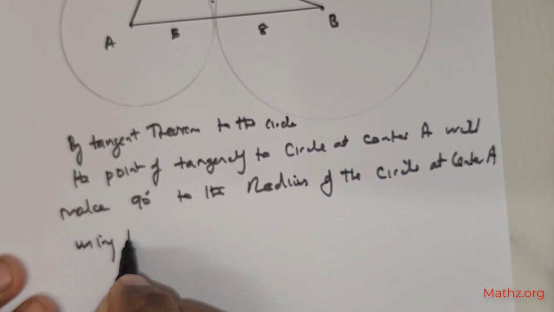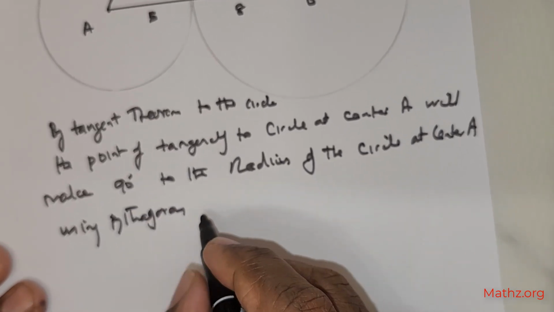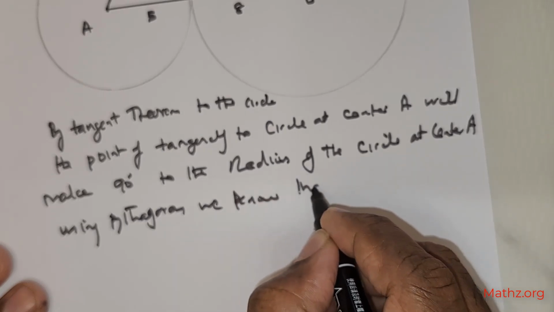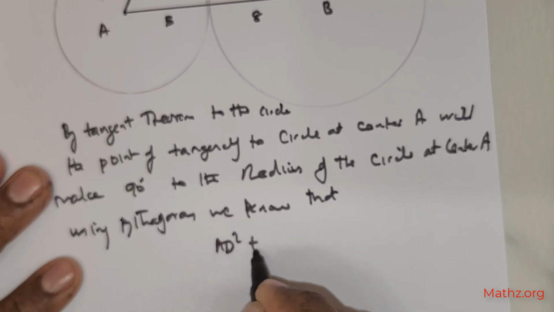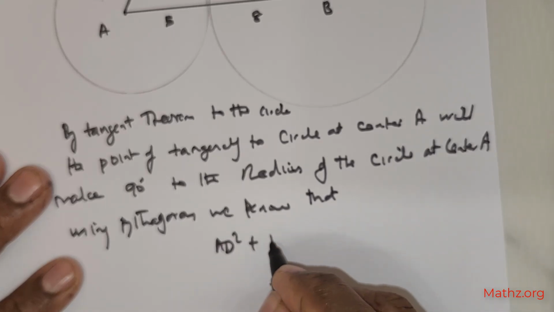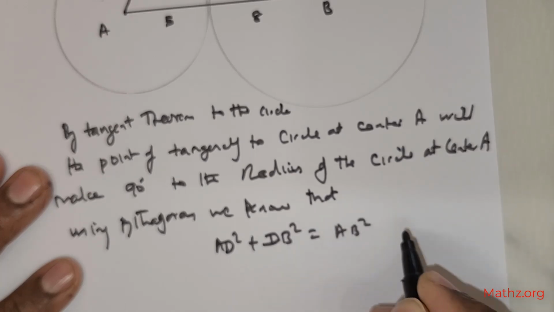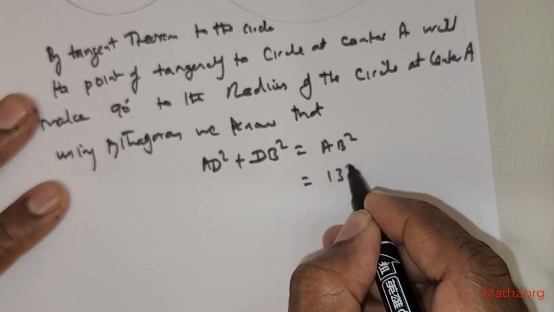using Pythagoras, we know that AD squared plus DB squared is equal to AB squared. Now this is 8 units, this is 5 units, so that's 13 squared.